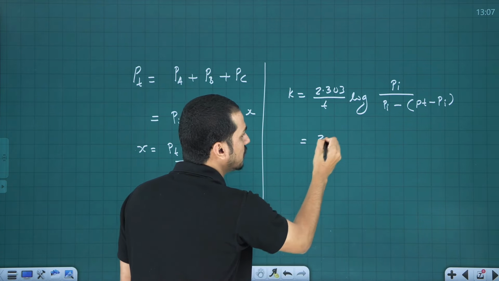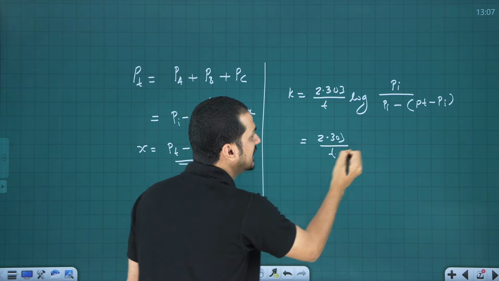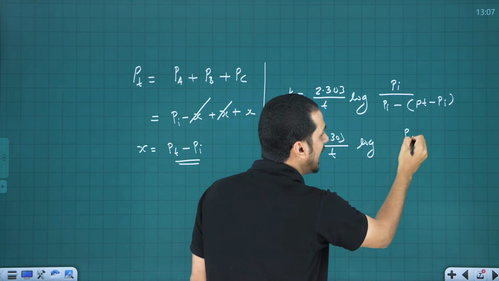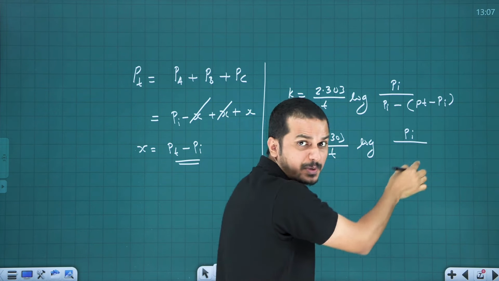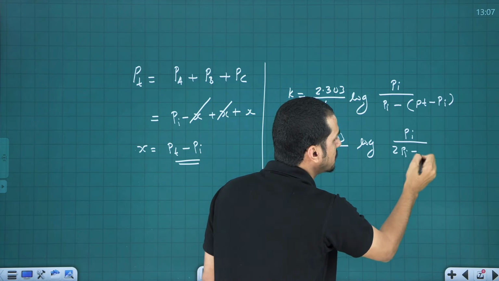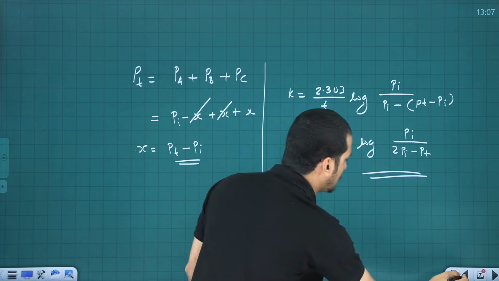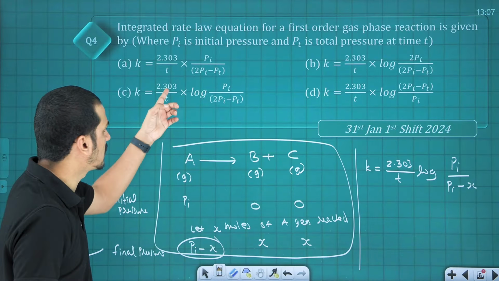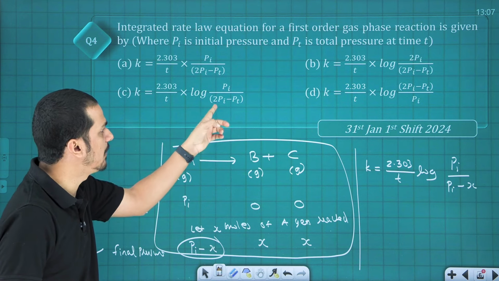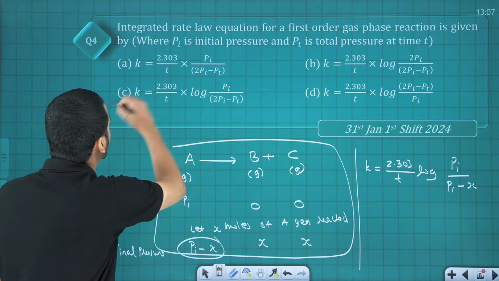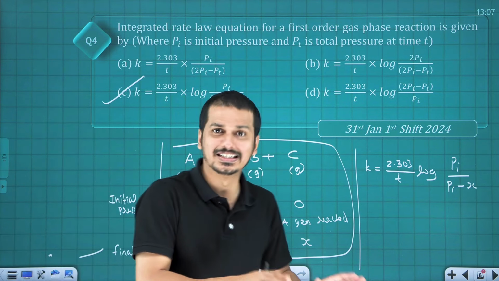So that's equal to 2.303 by T log Pi divided by 2Pi minus Pt. So this is the equation. Which option will come? 2.303 by T log Pi divided by 2Pi minus Pt. So option C is the correct answer. Already there in NCERT.